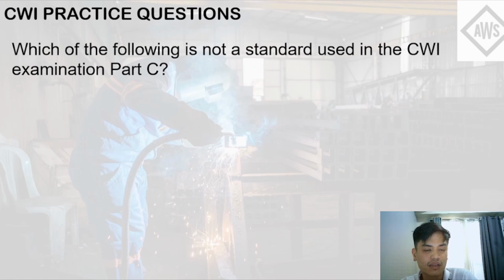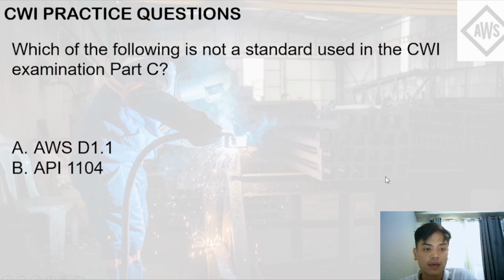He doesn't need to be limited to inspecting just that code or standard after he passes the exam, but in the CWI exam you need to choose just one. So which of the following can you choose? A, AWS D1.1. B, API 1104. C, ASME 9. D, API 610.